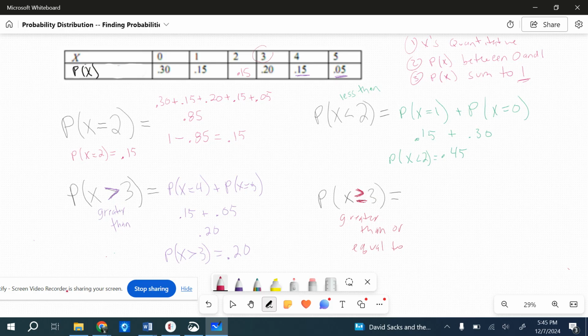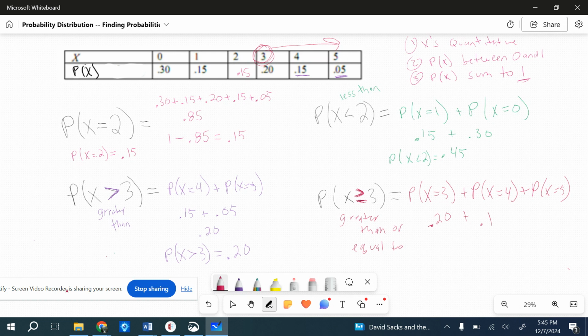So now I'm going to start at that 3. So now I've got the probability that x equals 3 plus the probability that x equals 4 plus the probability that x equals 5. And I add them together. So I start at the 3 and I go to the right. So 0.20. Remember, I'm only adding the probabilities, not the outcomes.